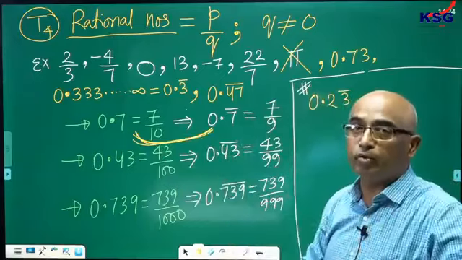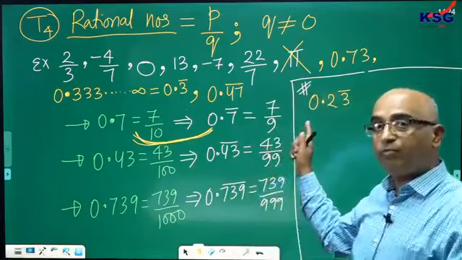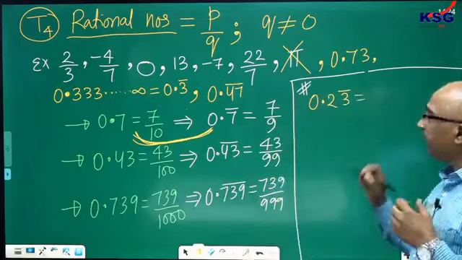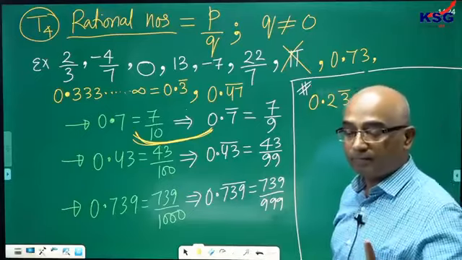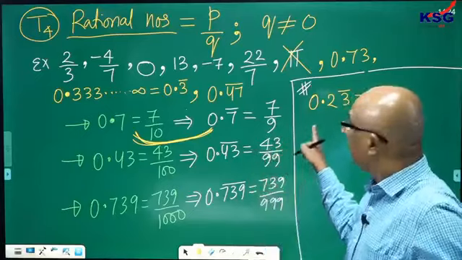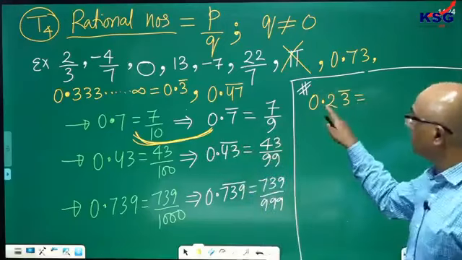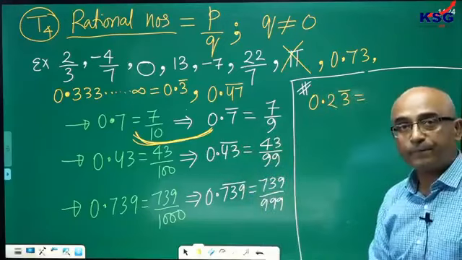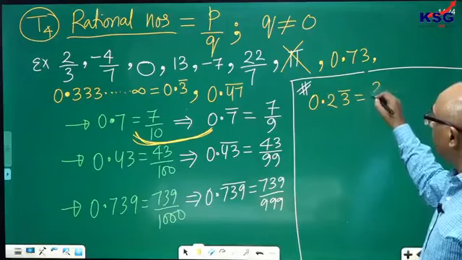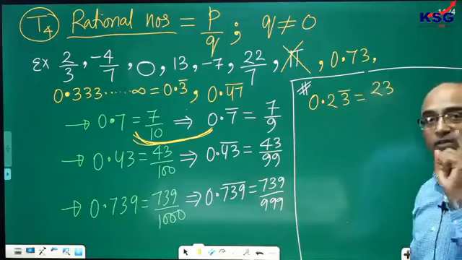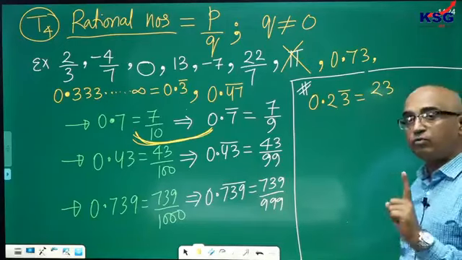See the example carefully, students. Please focus on how to convert 0.23 bar into a rational number. First imagine no decimal, no bar, so the number is 23.